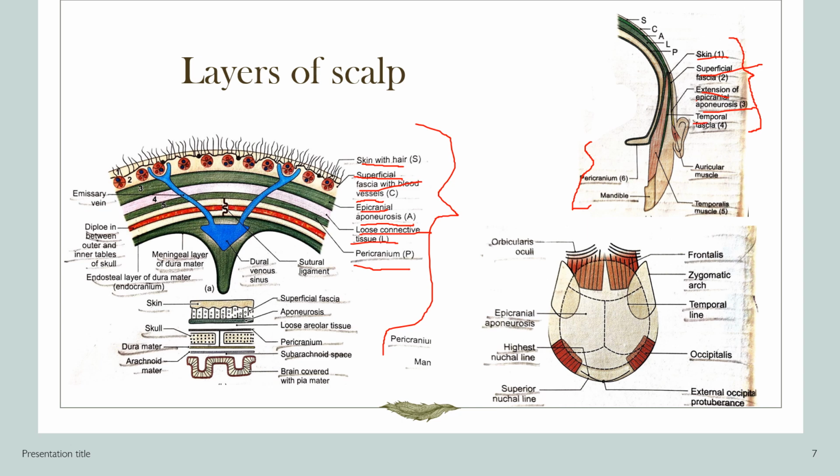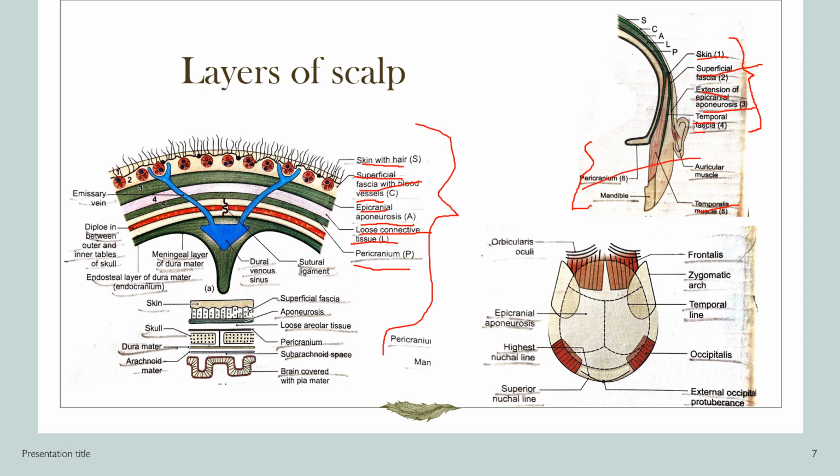This is the temple side of the scalp, which means on the temporal side it will show these layers. First is skin, then superficial fascia, then the extension of the epicranial aponeurosis, then the temporal fascia, and then the temporalis muscle. So the extra things here are the temporal fascia and the temporalis muscle. Here the loose areolar connective tissue is not present, and lastly we have the pericranium.